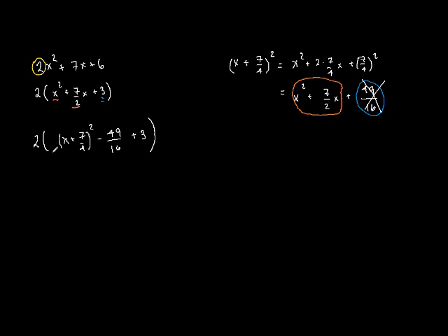Now I'm going to simplify inside this bracket, so I have 2 times x plus 7 over 4 squared minus 49 over 16 plus, and now multiplying top and bottom by 16, because really what I have here is 3 over 1. Multiplying top and bottom by 16 to get a common denominator gives me 48 over 16.